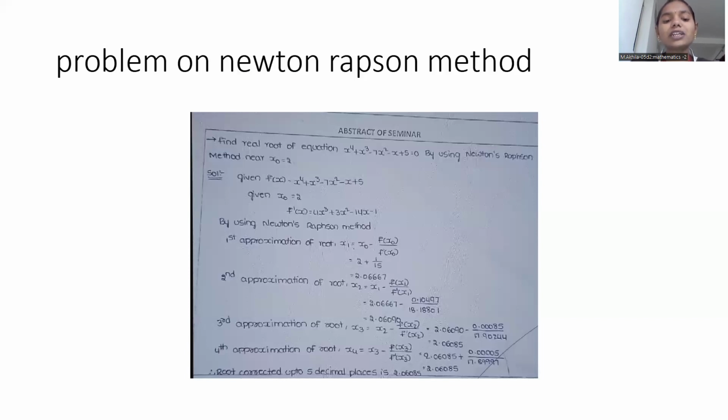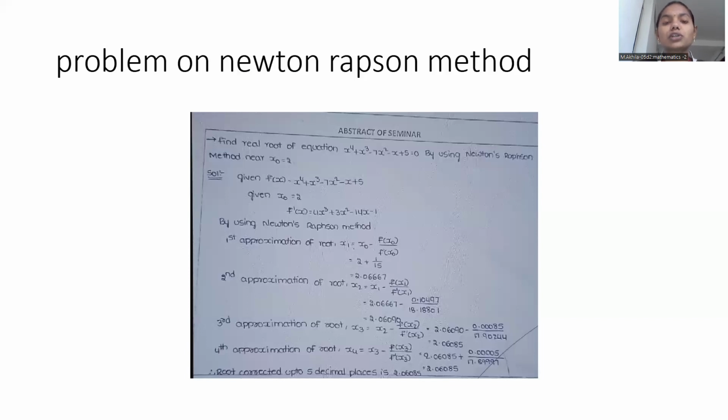If we solve this, we get the third approximation as 2.06085. Observing the second and third approximations, 3 decimal places are coinciding. As we want to coincide up to 5 places, we have to go for the fourth approximation. Let us see the output of the fourth approximation.